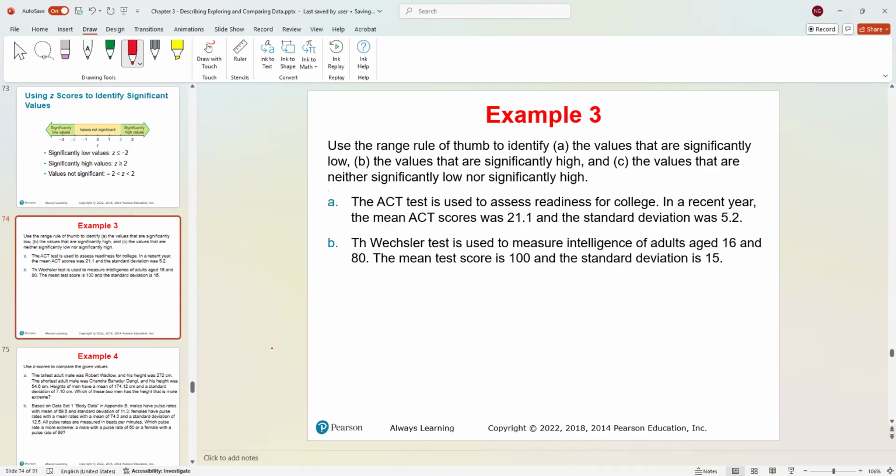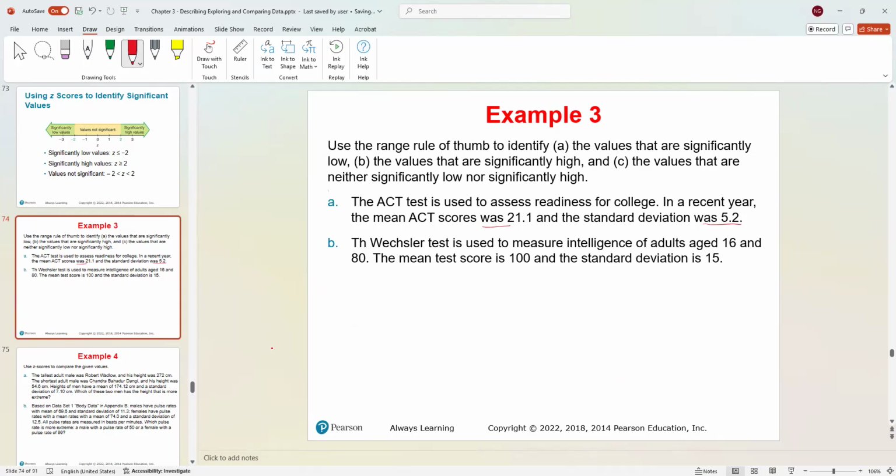The ACT test is used to assess readiness for college. In a recent year, the mean ACT test score was 21.1, and the standard deviation, all right, we find the mean and the standard deviation.